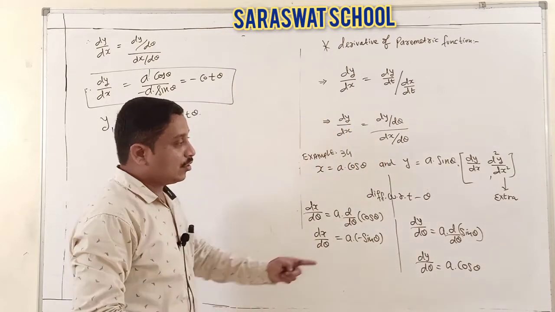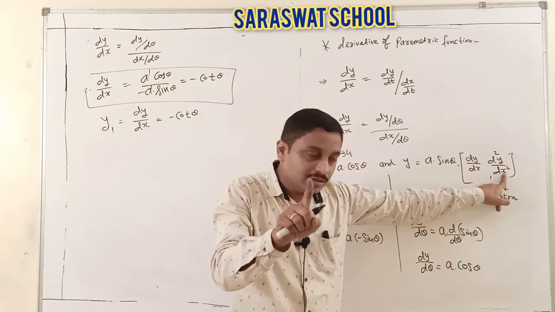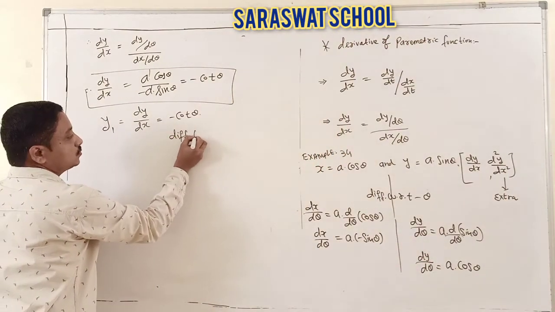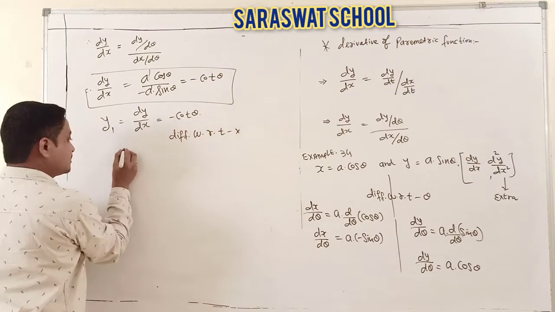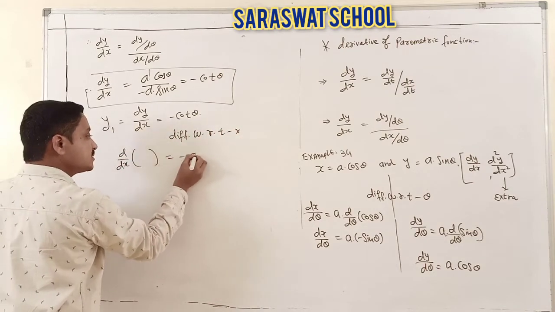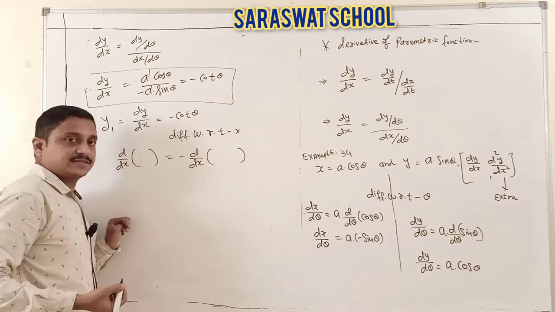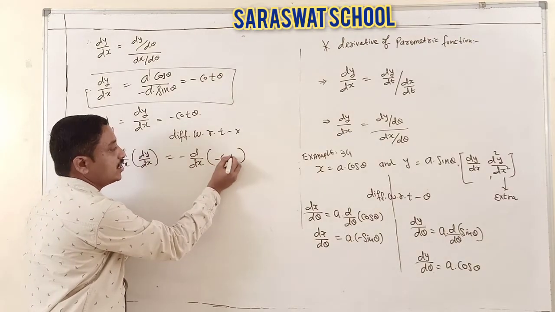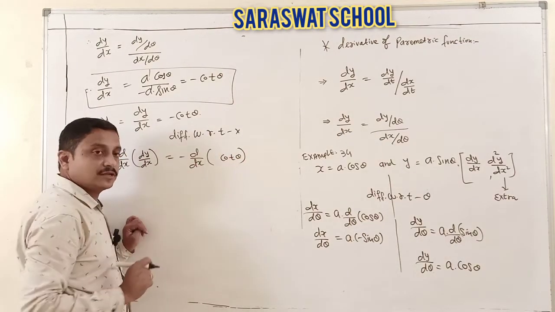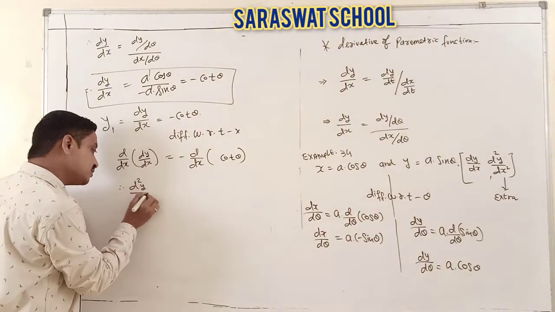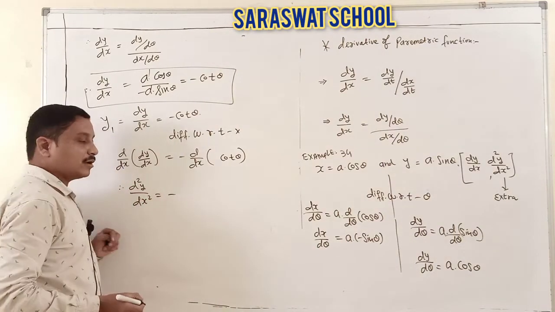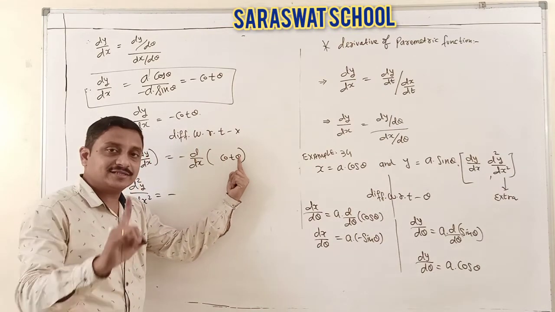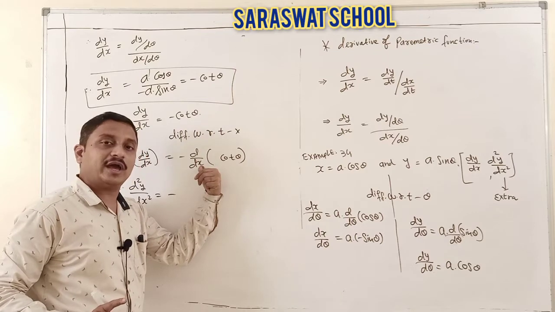Second order derivative is always with respect to x, not with respect to theta. Differentiation with respect to x, d by dx of minus cot theta. The minus I take out straight. Now d square y by dx square: first the cot function derivative, after that theta derivative with respect to x.